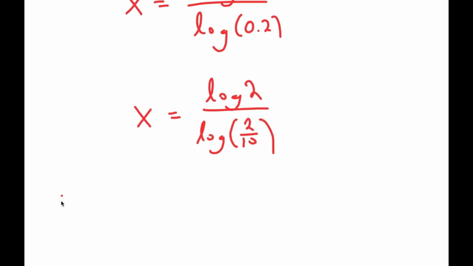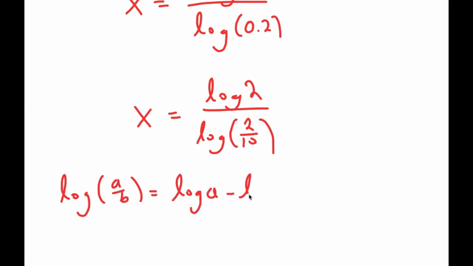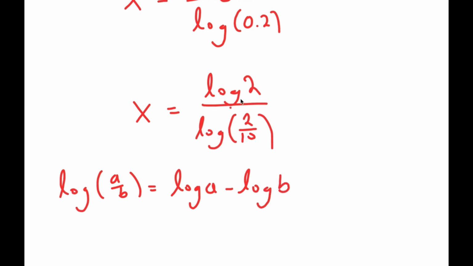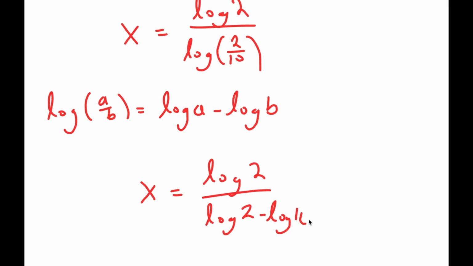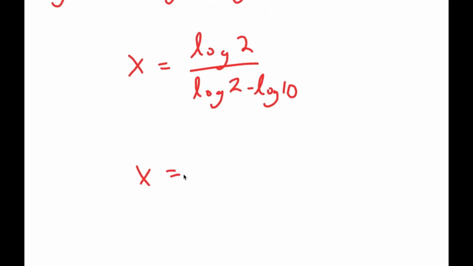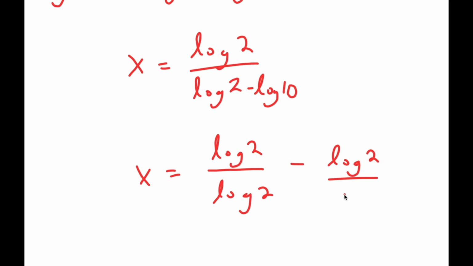And if I have something in the form log of a over b, this is equal to log a minus log b. So this is equal to log 2 over log 2 minus log 10, which is equal to log 2 over log 2 minus log 2 over log 10.